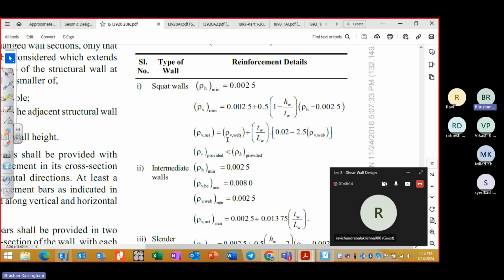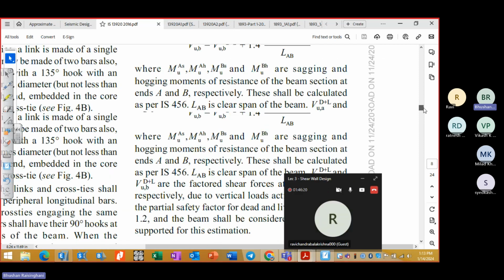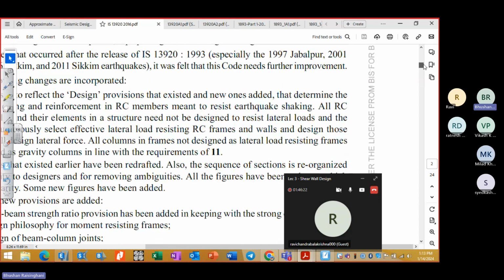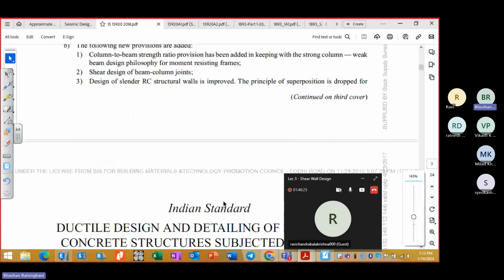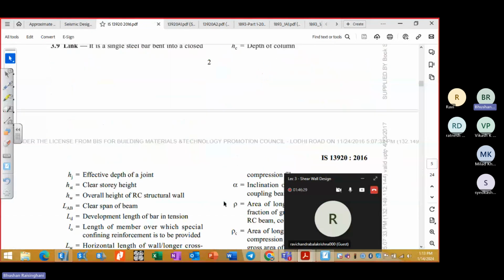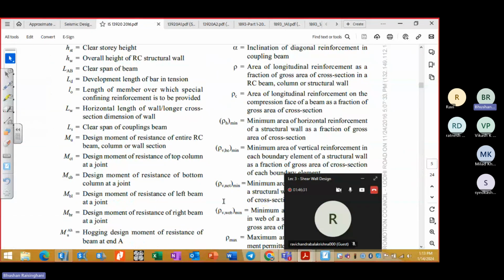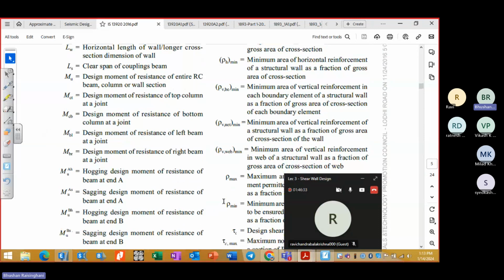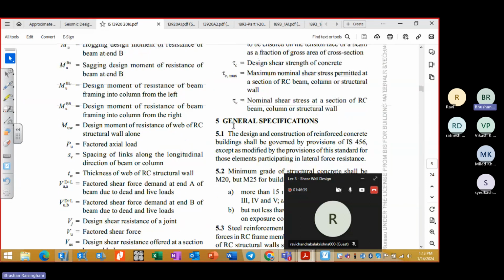So I'll also send something with respect to that, or we can also check in the nomenclature section that we have in the beginning. So this is the rho v net minimum. It starts from here only.